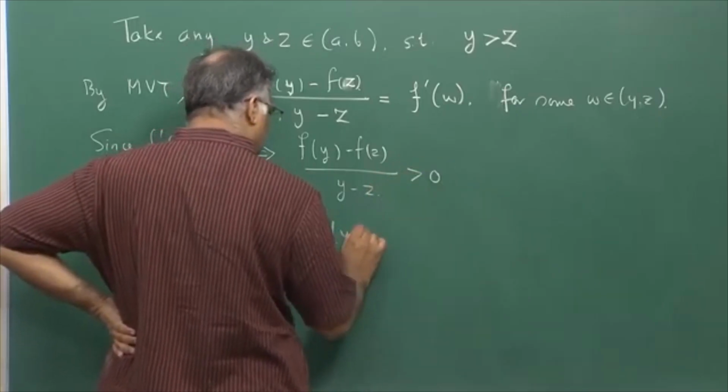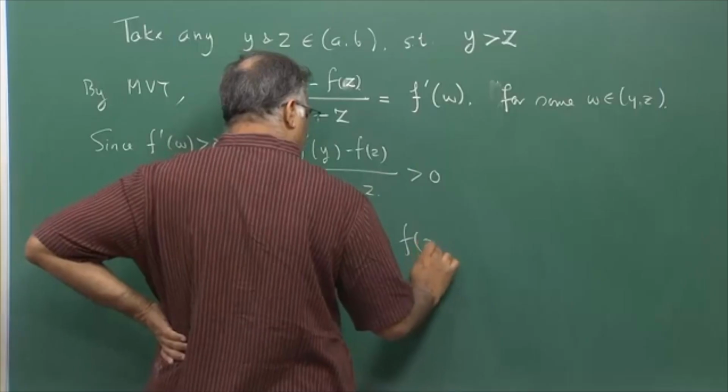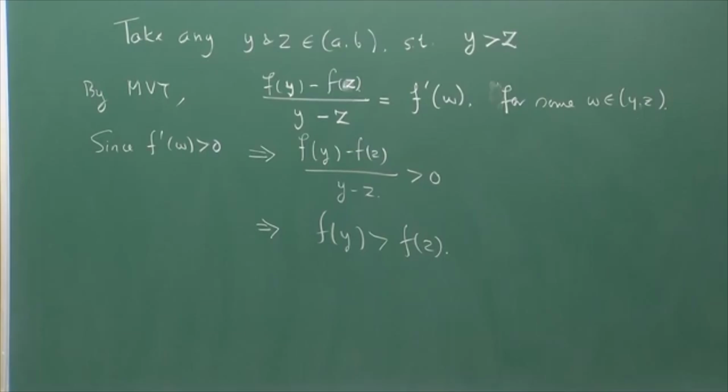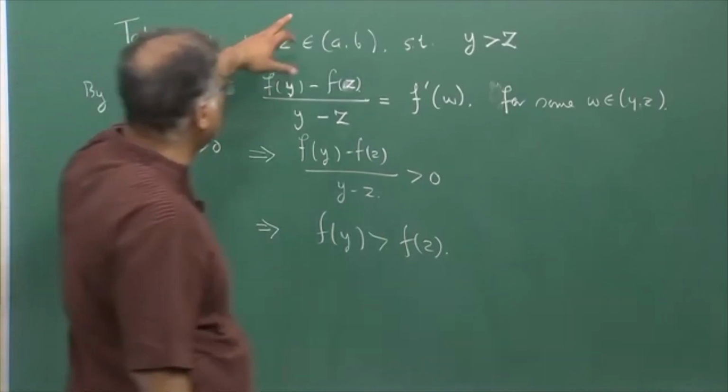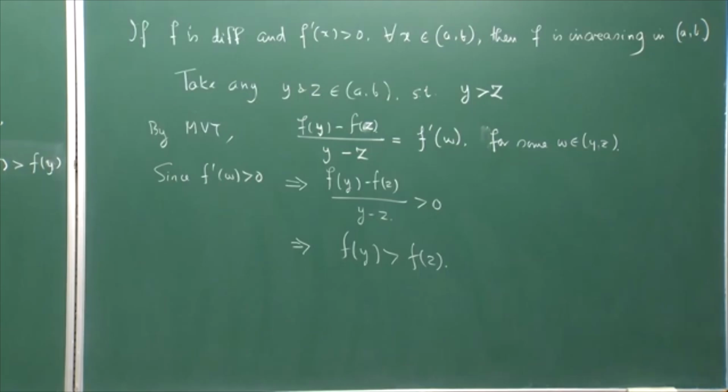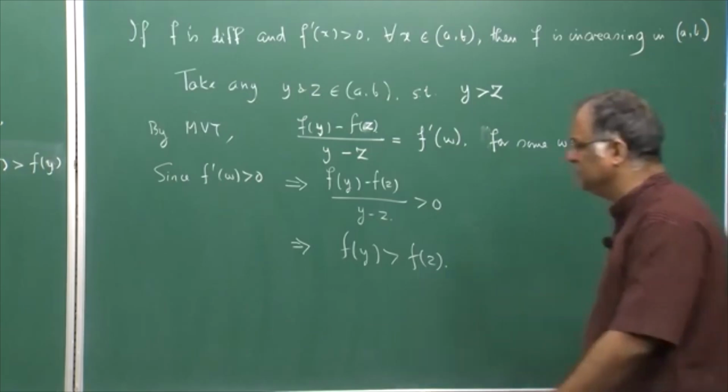It simply means that f(y) is strictly bigger than f(z), which shows that f is increasing. I would leave it to you to write down a similar result for the decreasing case: if f is differentiable and f dash x is strictly less than 0 in an interval (a, b), then f is decreasing.